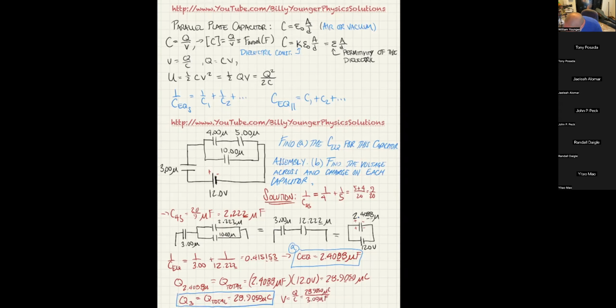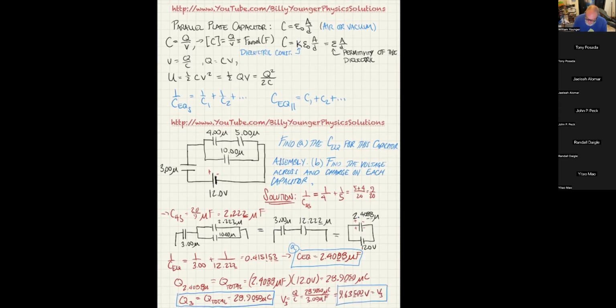And you can see the micros cancel out, and I'm just basically dividing 28.905 by 3, and that gives me 9.635, 9.63500 volts. And that's the voltage across the 3 microfarad capacitor. So I'm going to say this is equal to V3. I'll circle it off or box it off.